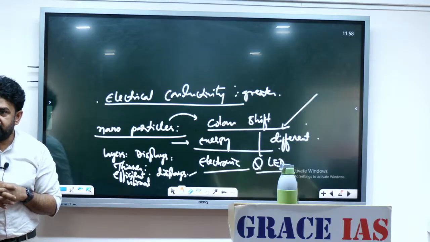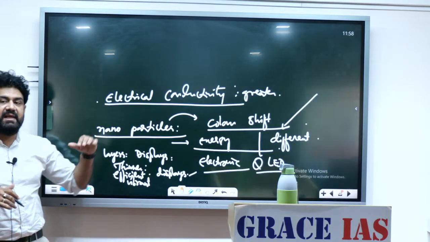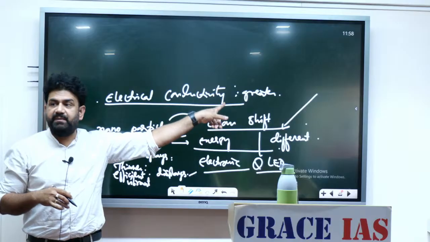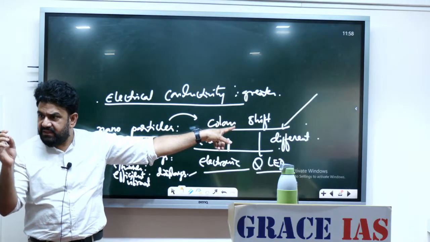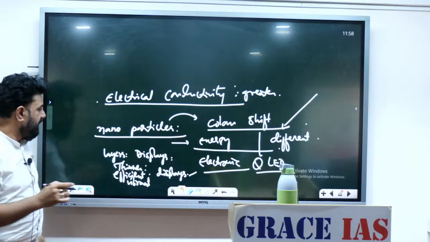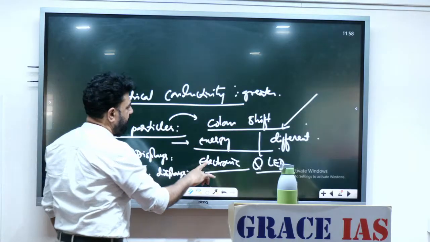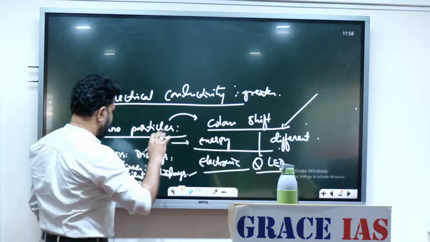Are you able to understand this? That's application. But the underlying principle is quantum size effect. Please understand this. Quantum size effect. So it can transmit energy because of nano size.